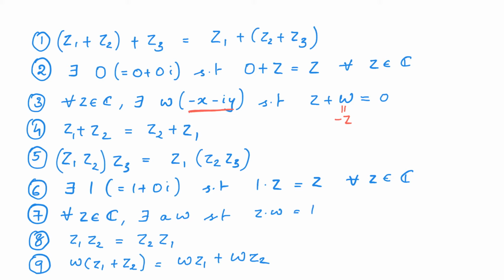That means we want a w such that z into w is equal to 1. It's a little more tricky to find out the form for w, but I leave it as an exercise. Similar to what we saw earlier, the multiplicative inverse is often denoted as 1 by z. And finally, we have distributivity, which connects the two operations addition and multiplication. Now, I leave it to you to check that complex numbers satisfy all these properties.